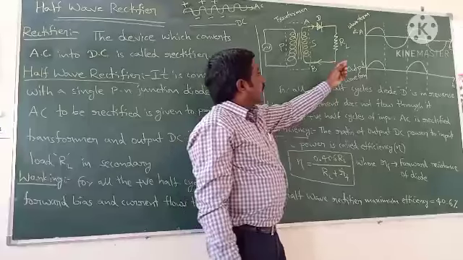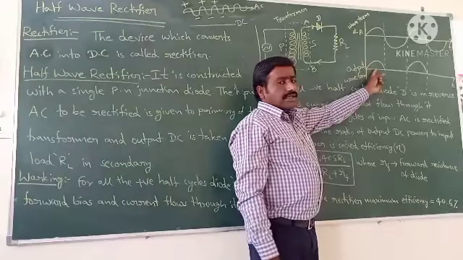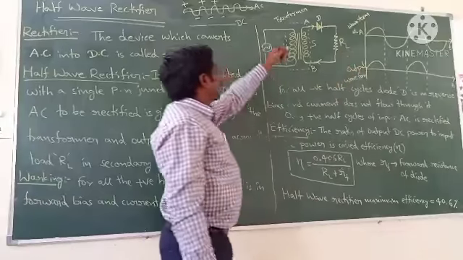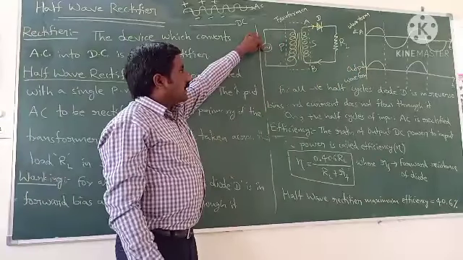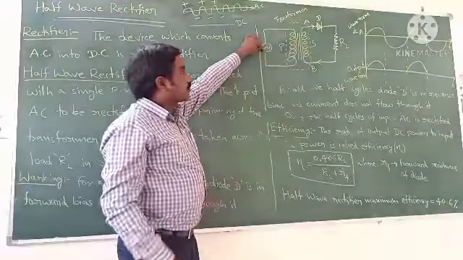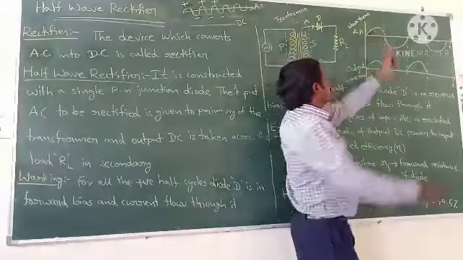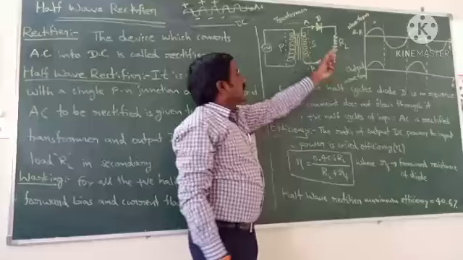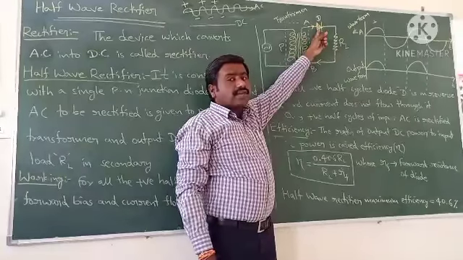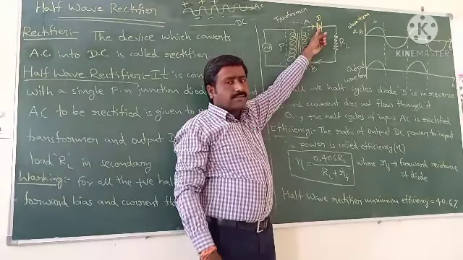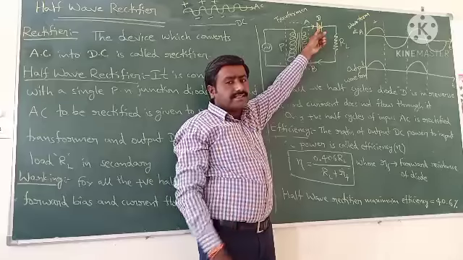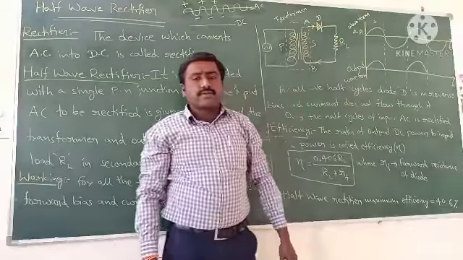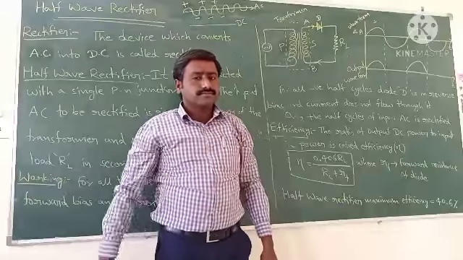And this is the output current that is taken across the load resistance. Now observe here, in alternating current, first we start from the positive cycle. For the positive half cycle of the AC, the diode is in forward bias. When the diode is in forward bias, current flows through the diode.